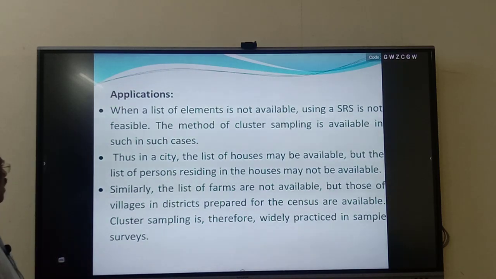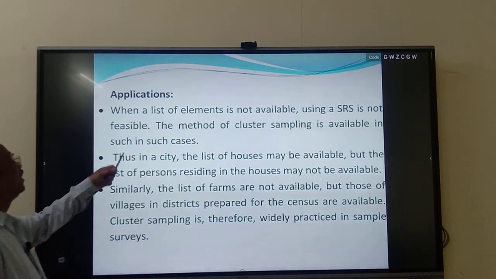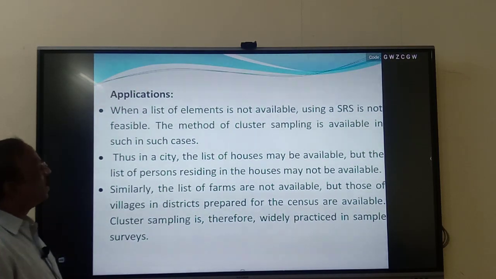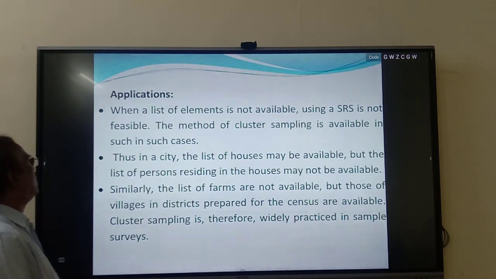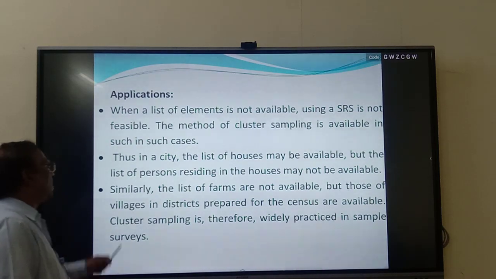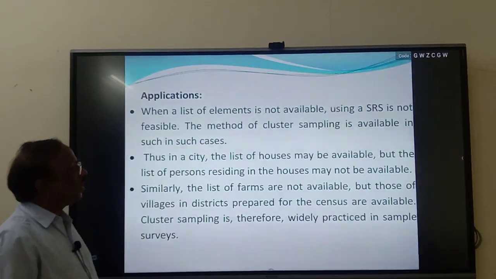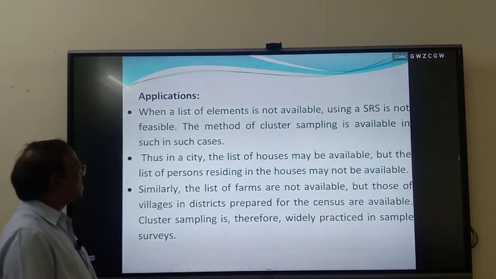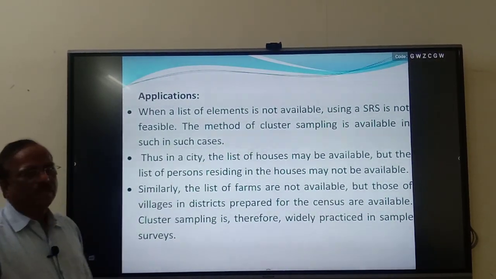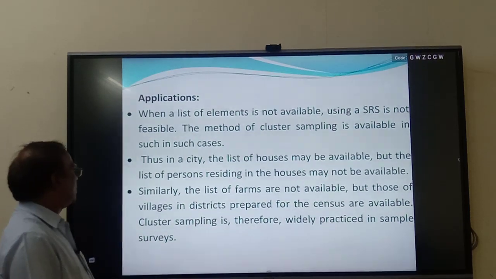The application of this sampling is, as I told, that when a list of elements is not available, using simple random sampling is not feasible. The method of cluster sampling is available in such cases. Thus, in a city, the list of households may be available, but the list of persons residing in the houses may not be available.